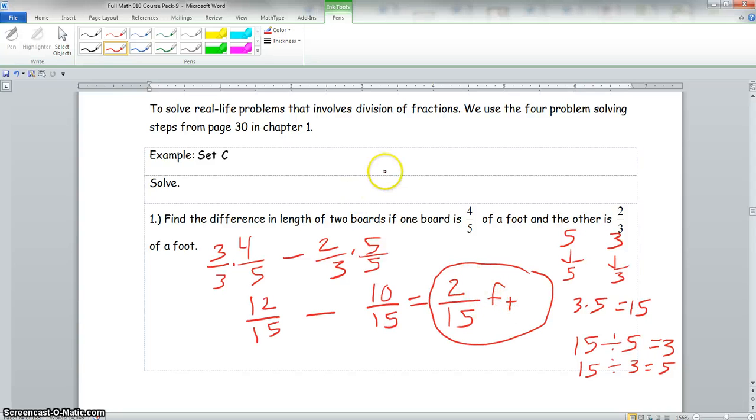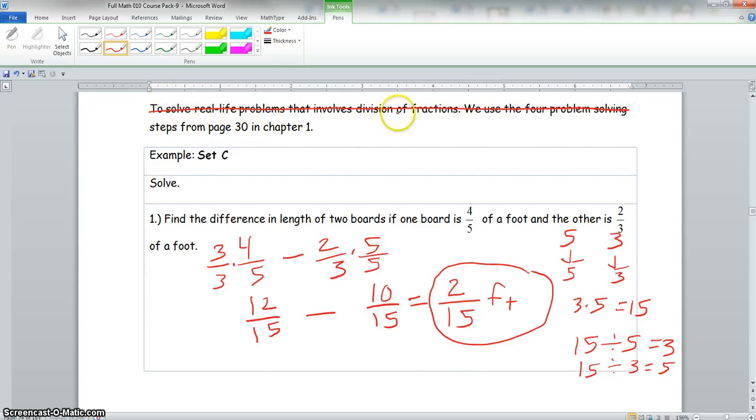Now, there was a glitch up here as well that I want you to change in your course pack. It says here to solve real-life problems that involve division of fractions. We didn't do division of fractions. We actually did subtraction of fractions. So what we need to do here is we really just need to scratch out this statement here. Well, actually, no. Let me take that back.